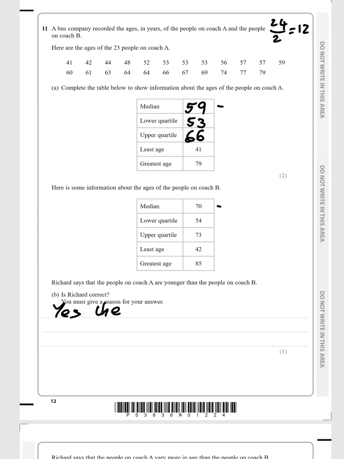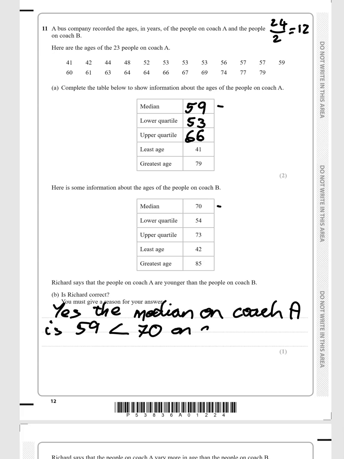So the median on coach A is 59, which is smaller than 70 on coach B. That's only worth 1 mark, so we only need to do 1 comment.